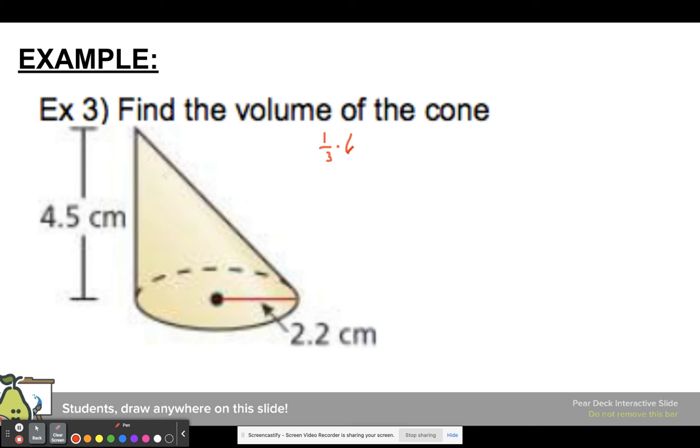In this case, since it is a circle, it's going to be pi r squared times the height of the cone. So that is going to give us 1/3 times pi times 2.2 squared times the height, which is 4.5.